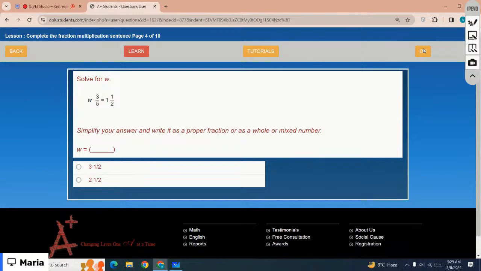That is 2 whole 1 over 2. Option number 2 is the correct option.